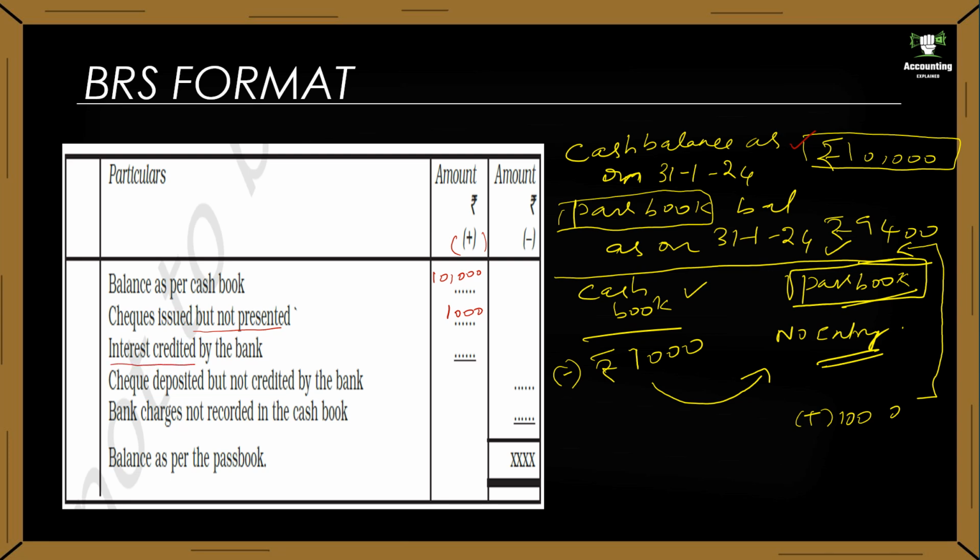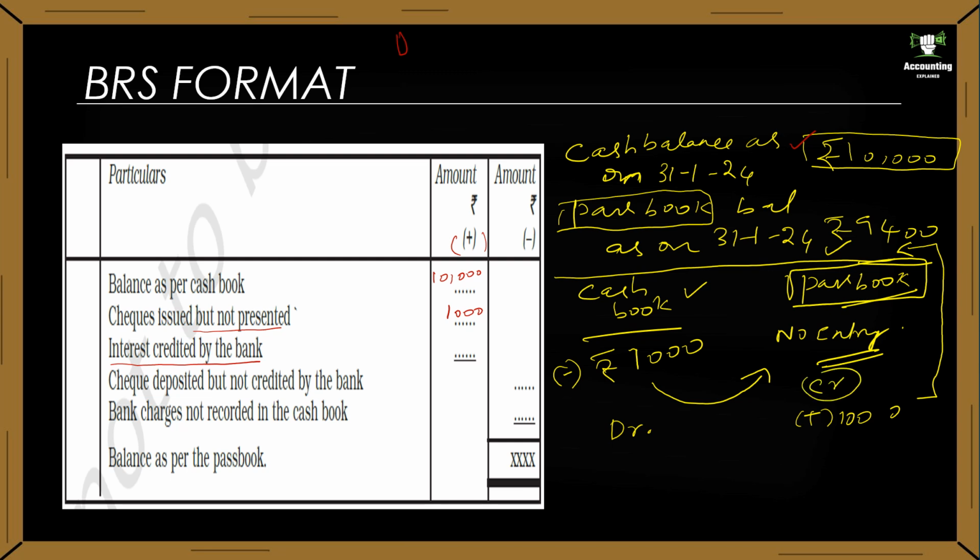Interest credited by the bank. The bank has credited the interest, but it has not been entered in the cash book. I have already told you that a favorable balance in the cash book means debit. Favorable balance in the cash book is debit, and in the passbook it will be credit.